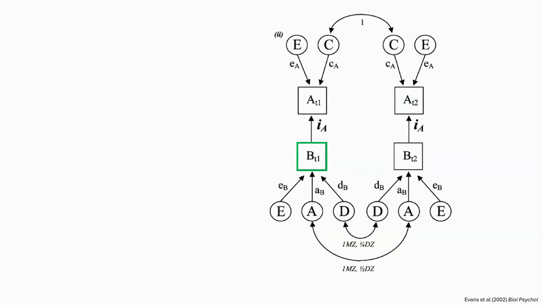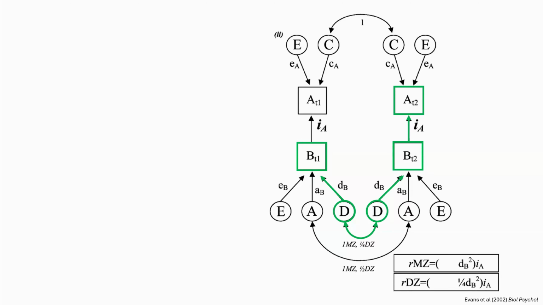Starting at variable B, we can also go backwards along the path for dominance, through the latent dominance variable, around the two-headed arrow and changing directions from backwards to forwards, through the latent dominance variable, forward through the dominance path, through twin 2 variable B, forward through the causal path from variable B to variable A. The total contribution from this path is given by IA times DB squared for MZ twins and 1/4 times IA times DB squared for DZ twins.